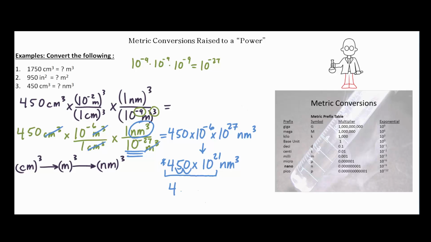So what I wind up with is 4.50 times 10 to the 21st times 10 squared, for those 2 places that I moved the decimal to the left. So that winds up being 4.50 times 10 to the 23rd nanometers cubed.